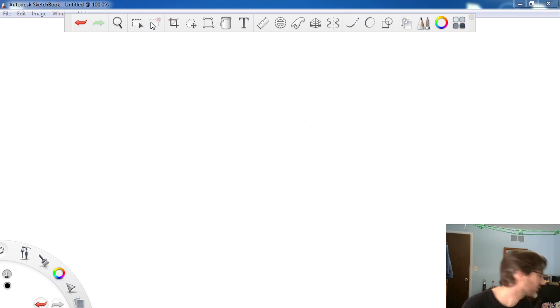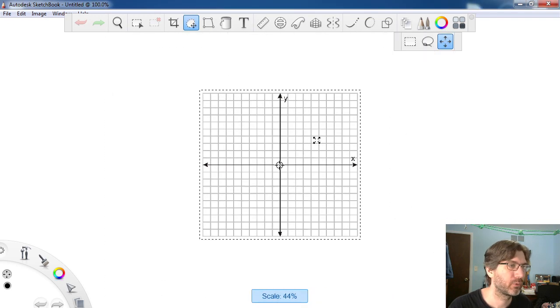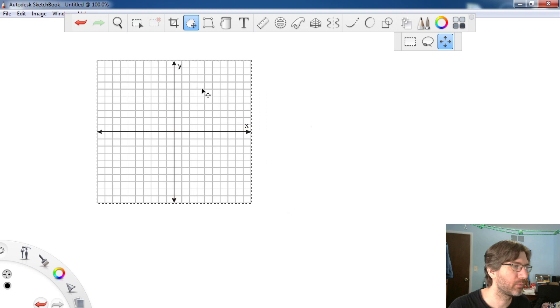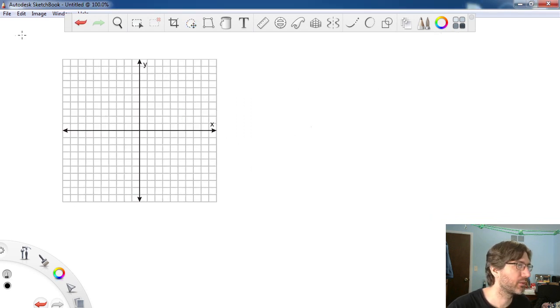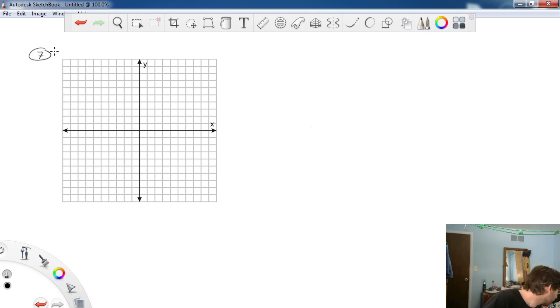Okay, so number 7 gives you a coordinate plane. Let me see if I can bring up a coordinate plane here and copy the problem down. Just give me a second to look everything up here. So this is number 7. We have our points at 1, 2, 3.